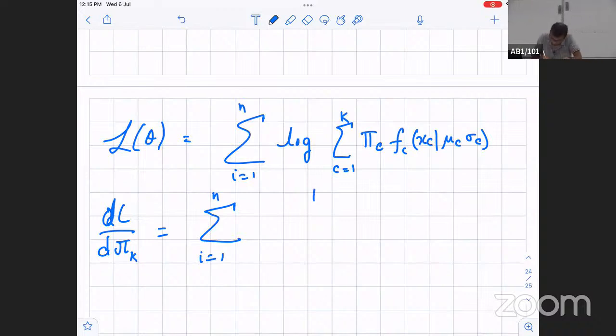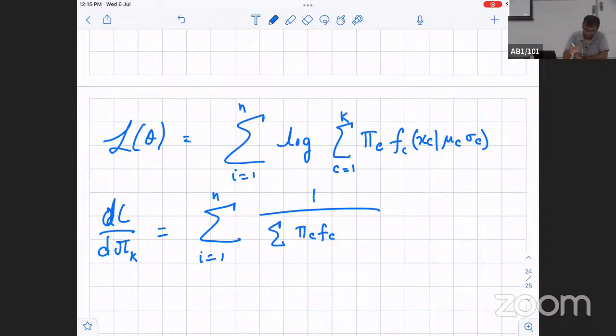So this is going to be 1 over the summation of pi c f c, which I will write in short form, times the derivative of the inner term. The only term that remains is f k, so we write pi k f k. That remains.